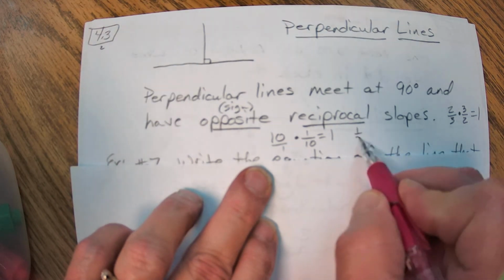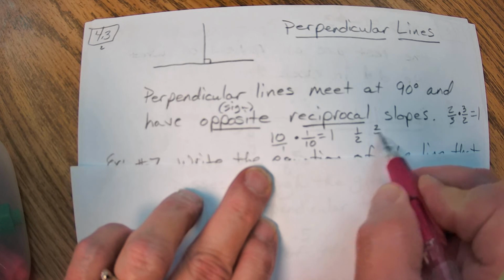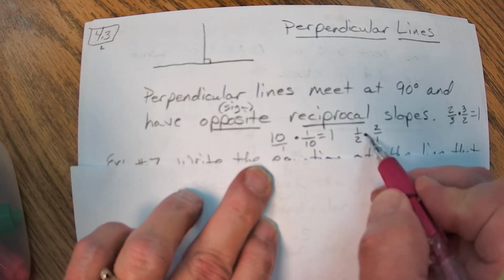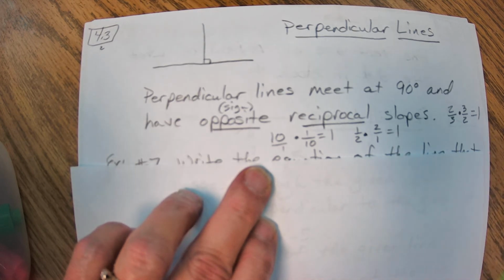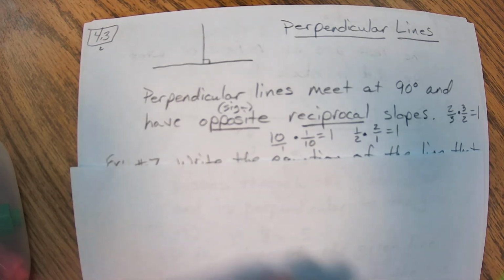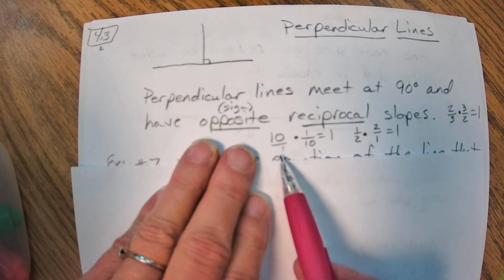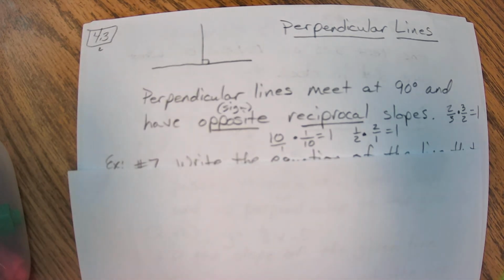The reciprocal of 1/2 is 2/1. We're just going to call that 2, because if I multiply those together, I get 1. So basically just remember, if it's a whole number or an integer, put a 1 under it. If you want the reciprocal, just flip that over.